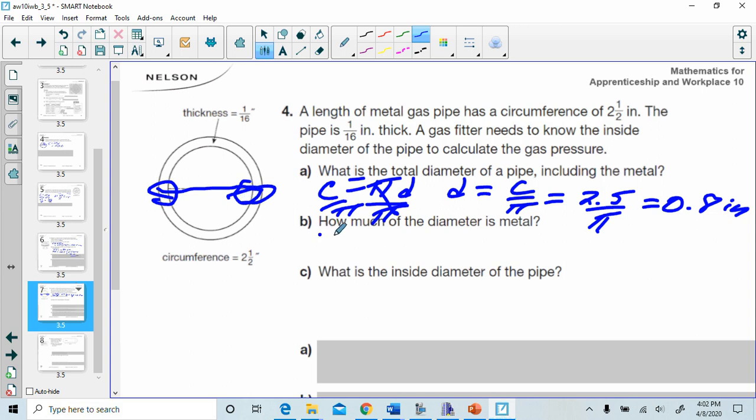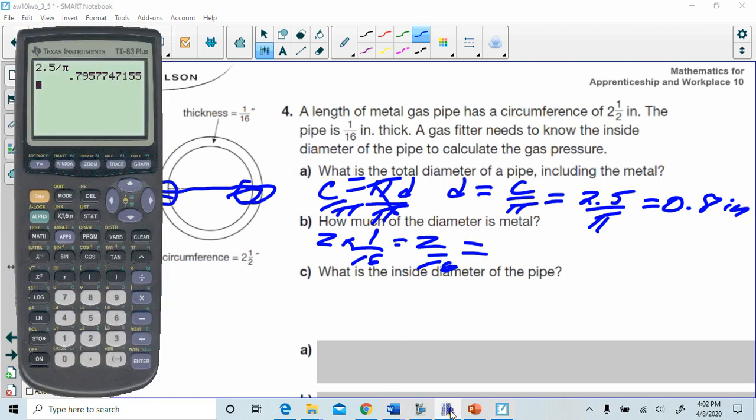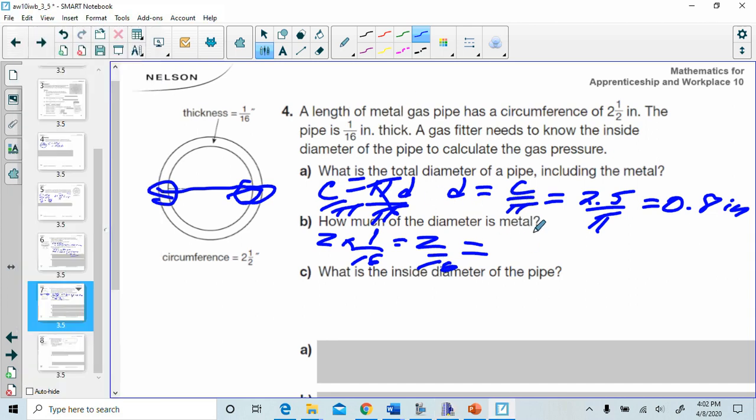So it's technically 2 of 1/16, which is 2/16, which is 0.125. And again, that was in inches. So that's how much metal there actually was, the width of the metal going across.